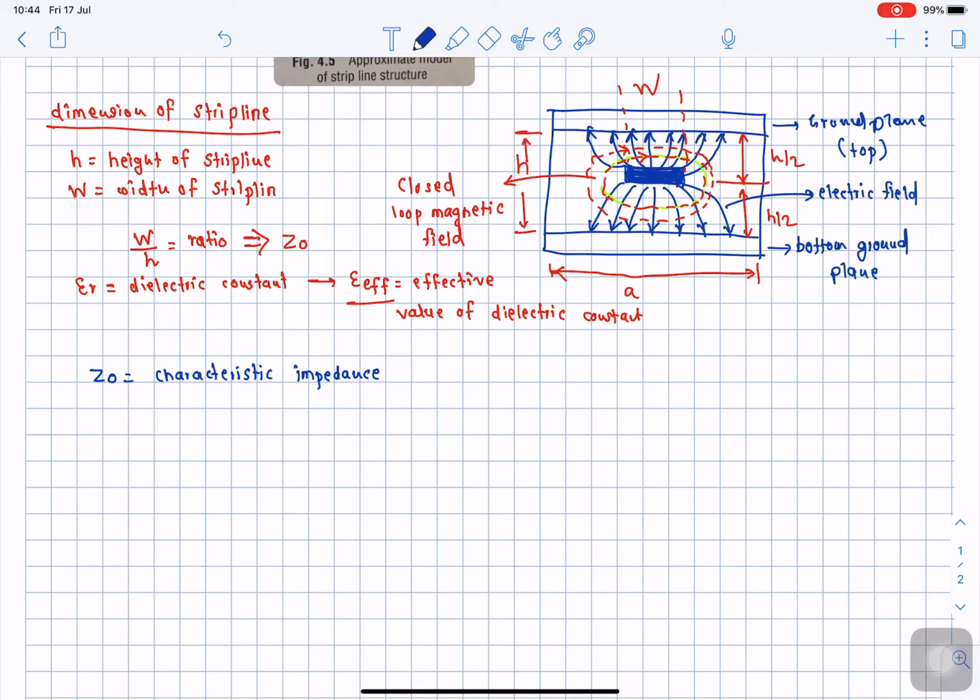So what is We over here? Please remember, it is not W. We stands for effective width.